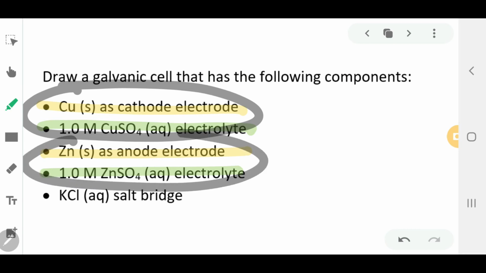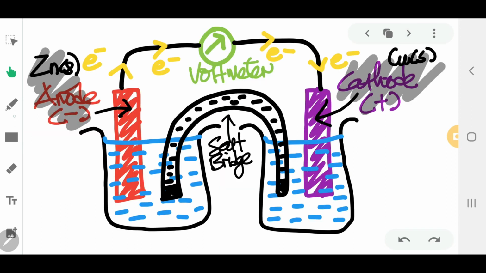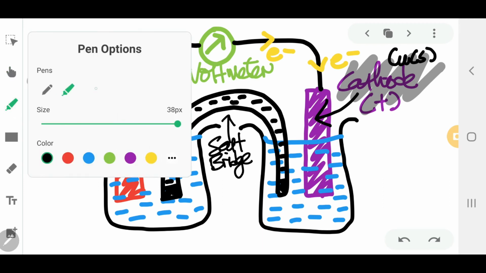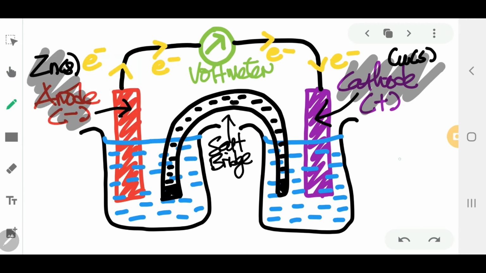So that should be together. We're going to write the electrolyte of copper sulfate for the cathode. We're going to use purple. We have 1.0 molar CuSO4 aqueous.